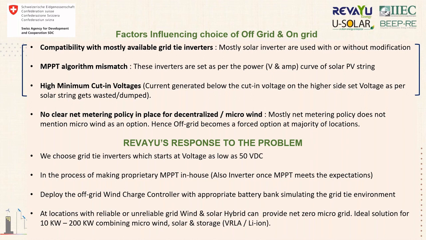This is the biggest hindrance which we face in most places. Even if people are ready to install a grid tied turbine, in most regions there is no clear net metering policy. It has happened with many of our clients that they got it grid connected, but were forced to change it to off-grid mode at a few locations outside Maharashtra where there is no clear net metering policy for solar.